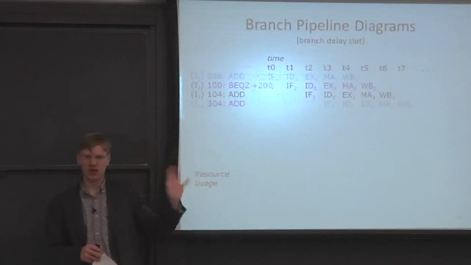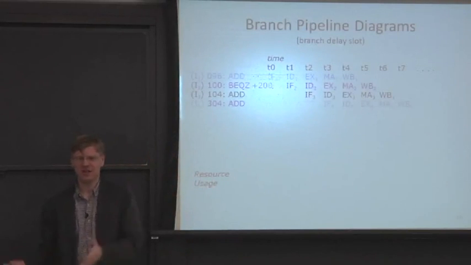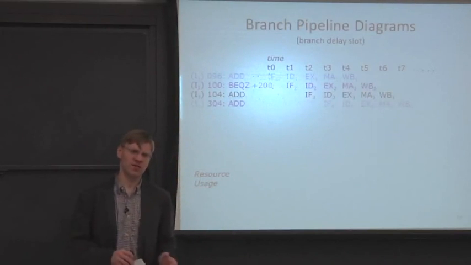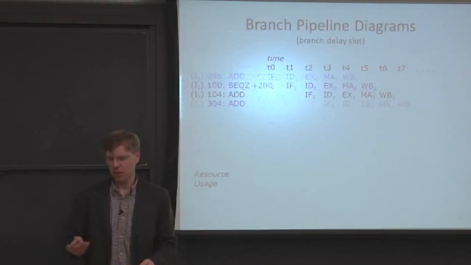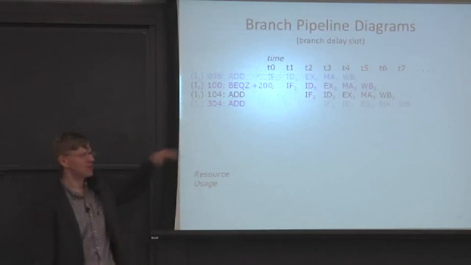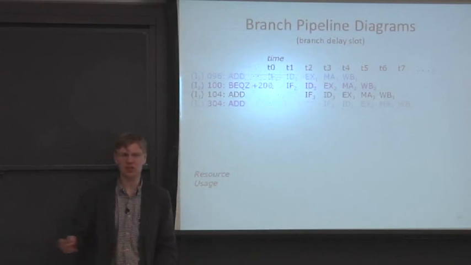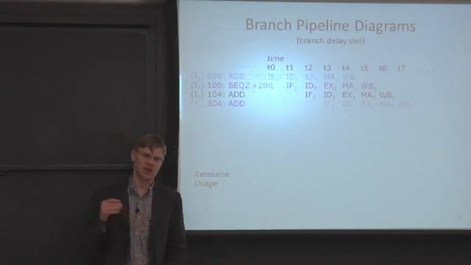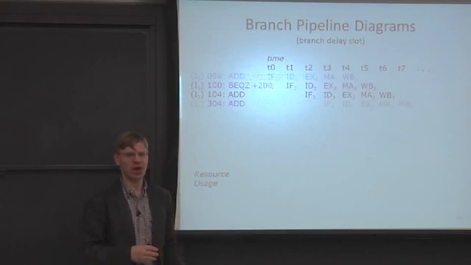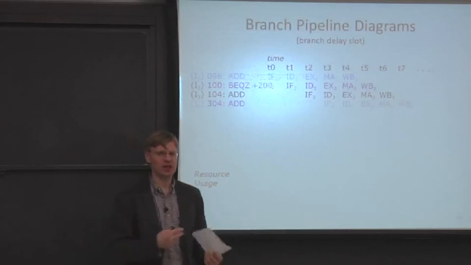So there's tough trade-offs here between how often you fill the branch delay slot versus having a branch delay slot. But for right now, we'll say branch delay slots are one good technique to put useful instructions after a branch and not have branches stall a lot.